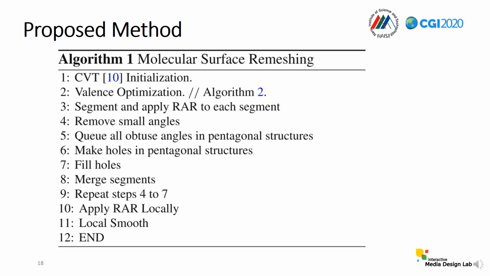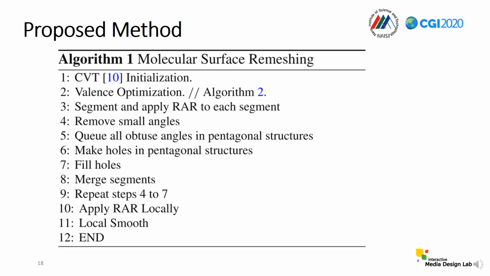The method proposed in this paper can be represented with this algorithm. We have 11 different steps. As mentioned in the related work, we have CVT. We just do an initialization with CVT, and then we apply another algorithm for valence optimization to improve the valence.